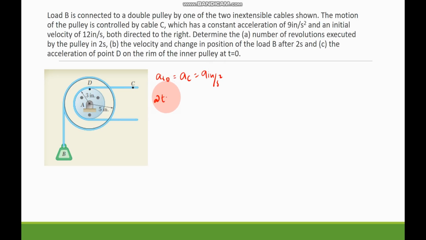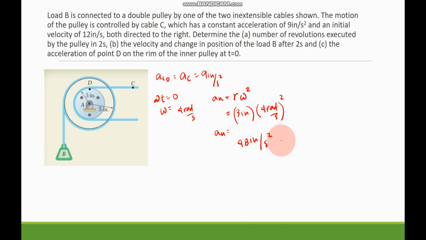At time equal to 0, our angular velocity is equal to 4 rad per second. Therefore, the normal component of the acceleration is equal to the product of the position vector multiplied by the square of the angular velocity, in which we consider r as 3 inches, because we only play within this circle. And our angular velocity is 4 rad per second. Therefore, the normal component of the acceleration is equal to 48 inches per second squared downward.